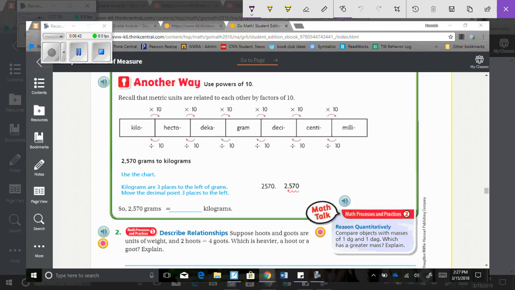Let's say grams, and then to go to kilo, 1, 2, 3. So we're going to move our decimal place 3 places to the left. They show you that right here. You're going from this to this. So 2,570 grams we know is 2.57 kilograms.